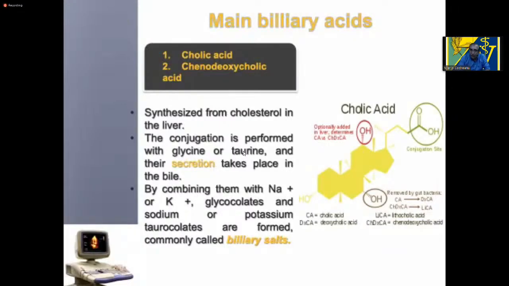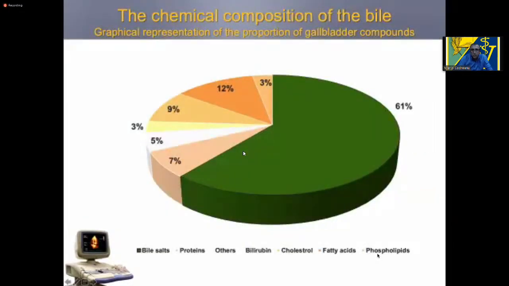The main biliary acids are the cholic acid and chenodeoxycholic acid. These are synthesized from cholesterol in the liver, and the conjugation is performed with glycine or taurine, and their secretion, of course, takes place in the bile. After that, by combining them with sodium or potassium, the sodium and potassium glycocholates and taurocholates are formed mainly, and the most important are called biliary salts.